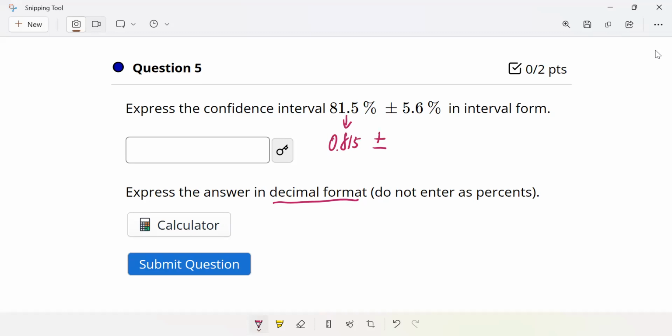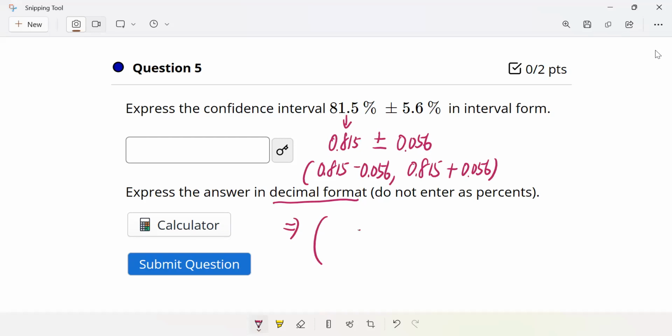Plus minus 5.6%, that's 0.056. And for the interval form, that will be 0.815 minus 0.056, that's the left-hand side, and 0.815 plus 0.056, that's the right-hand side.